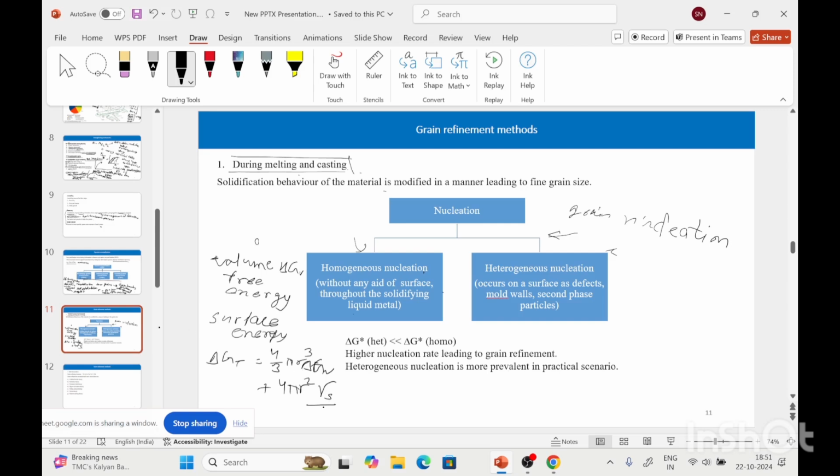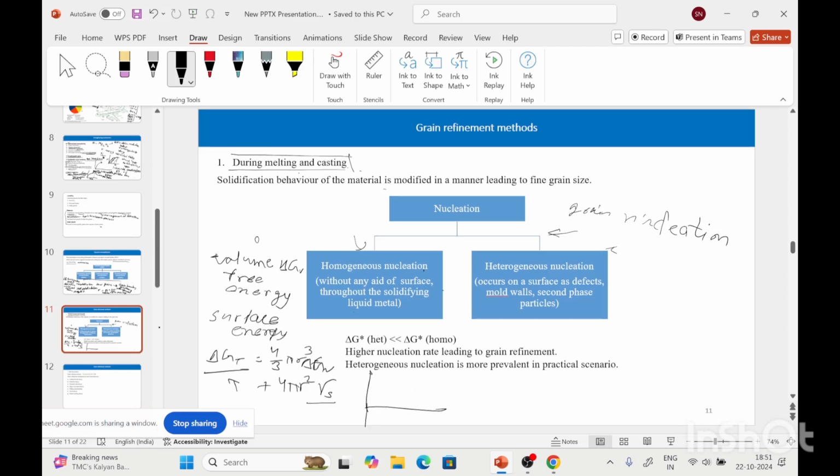The relation between these two energies and the radius of the nucleus results in the total free energy that leads to nucleation and decides whether the nucleus will grow or dissolve in the liquid metal again. So the curve formed during the nucleation process: this curve is for the surface energy gamma, and this is for the volume free energy.